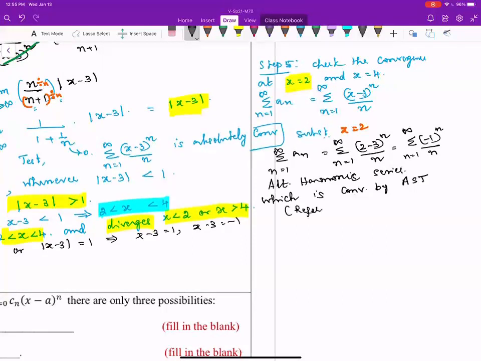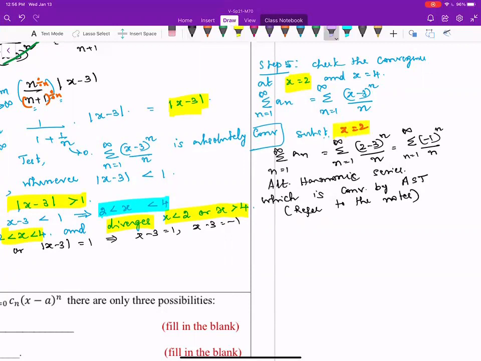We have proved this. Refer to the notes that what we have done, how we have proved this series, alternating harmonic series, is convergent by alternating series test. So we have picked one number where it is convergent.